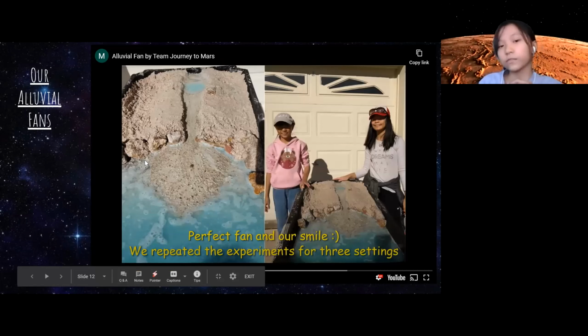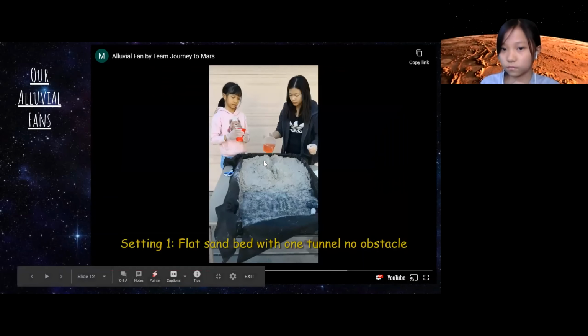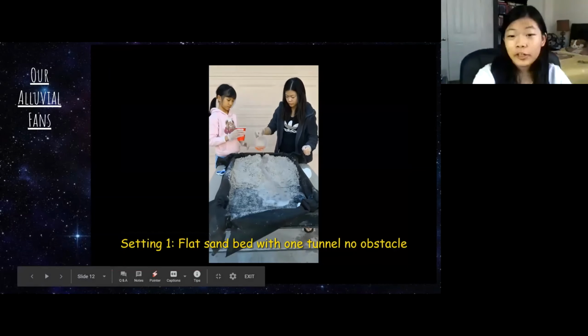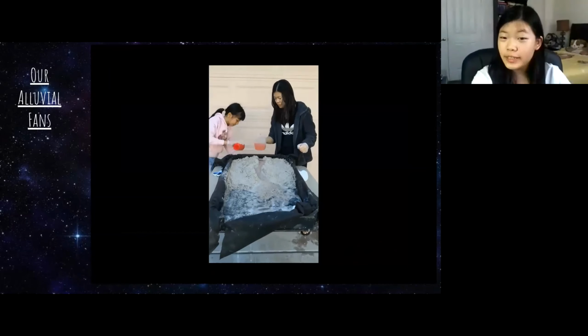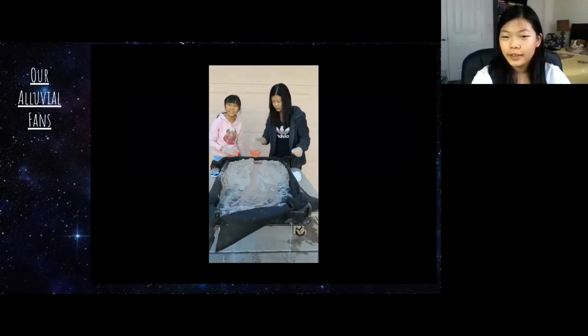For this first fan, the result was a triangular shaped fan. Here you can see our tunnel is curved, not straight, and we didn't have a crater at the end.